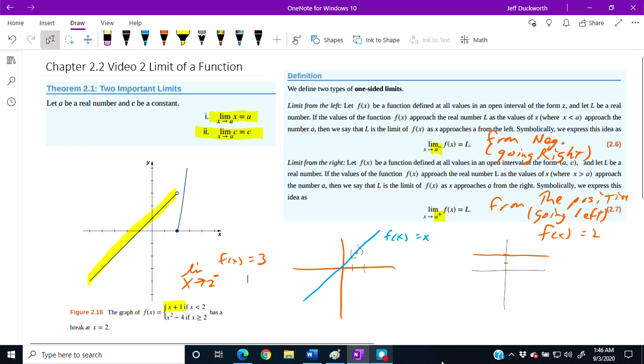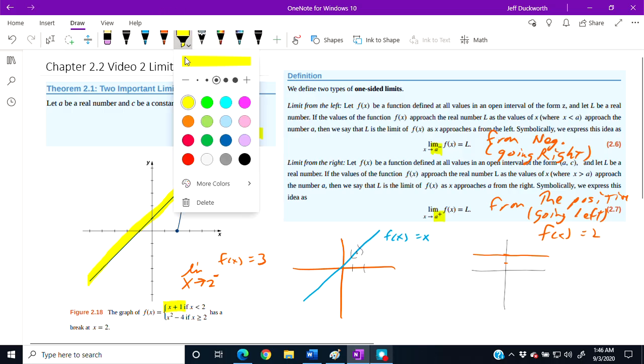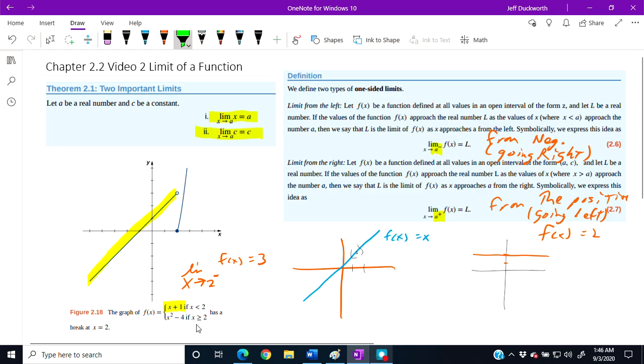Now, coming from the positive side, so when x is greater than or equal to 2, our function is a quadratic, so x squared minus 4. And if we're coming from the positive side, we get closer and closer and closer to 0. In fact, we hit 0 once we had our function equaling 2.